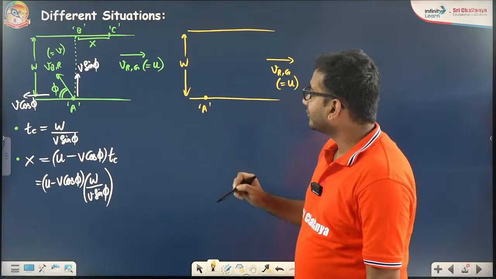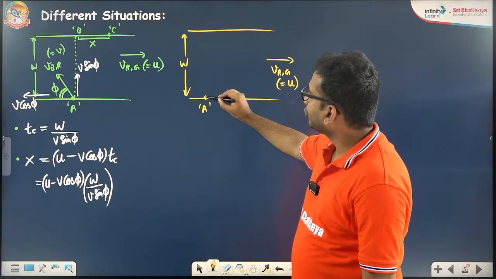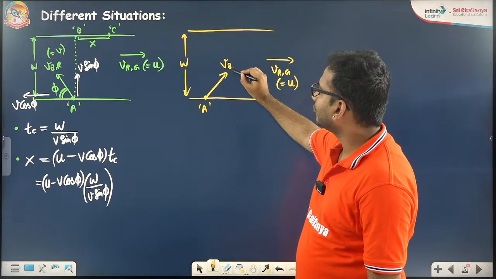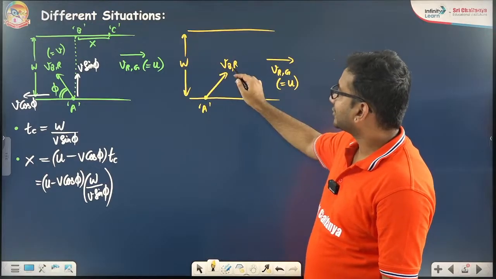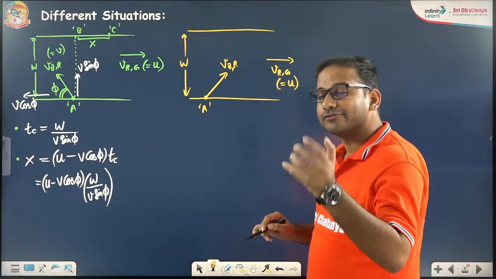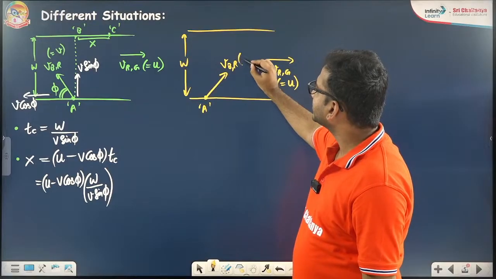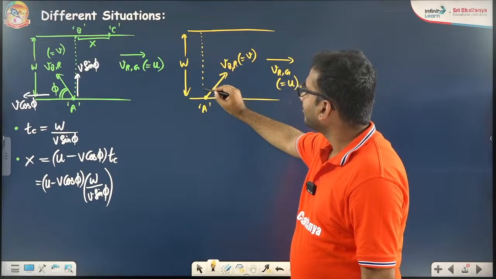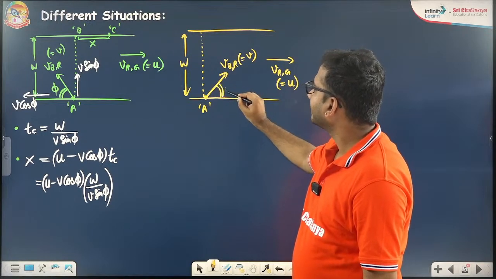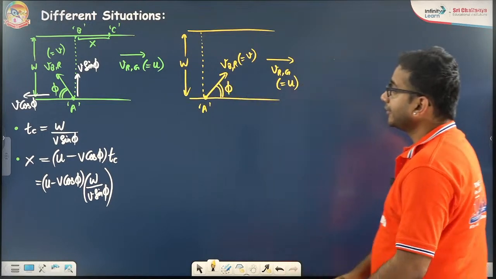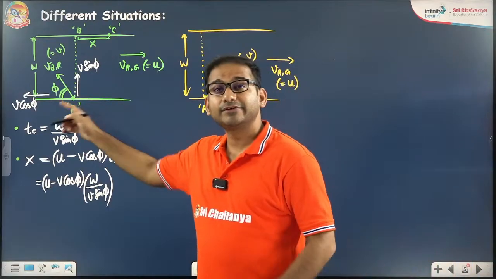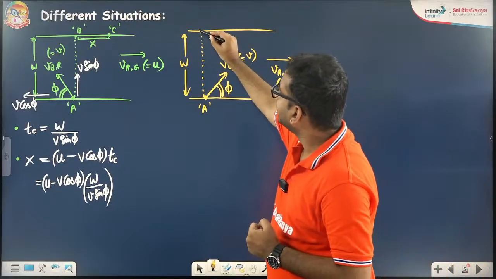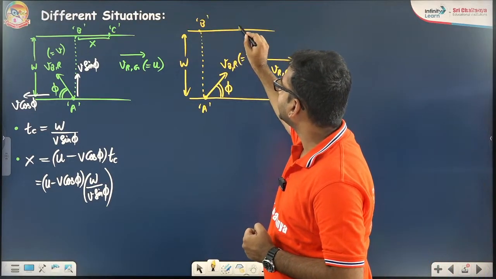On one bank of the river at point A, the boat or the swimmer starts with velocity V. This is the velocity of the boat in still water, that is, velocity of boat with respect to river water, equal to V, making an angle phi with the flow of the river. Here this angle was made opposite to the flow; here the angle phi is made with the flow of the river. Determine the time of crossing as well as the drift produced.